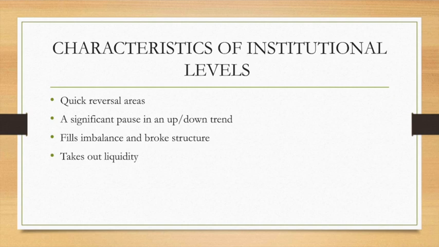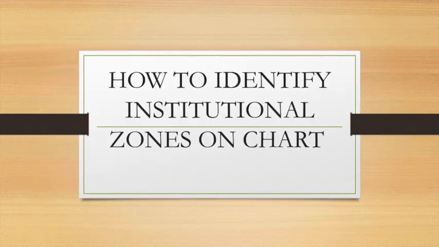We all know they can also be called order blocks because they are institutional zones where price attempts to reverse. It's when it fills imbalance, breaks structure and takes out liquidity. So don't worry, we are going to dive into the charts to spot this.